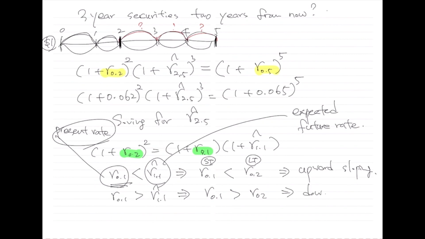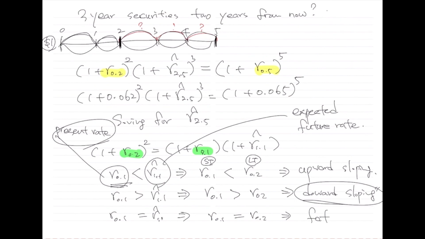It has a downward slope. As I mentioned before, it can be an early sign of recession. And in the remaining case, the present rate is the same as the expected future rate. In this case, the short-term rate is the same as the long-term rate. Yeah, it has a flat slope.